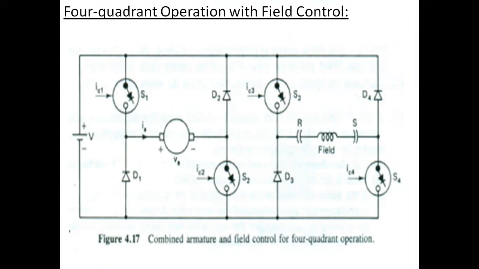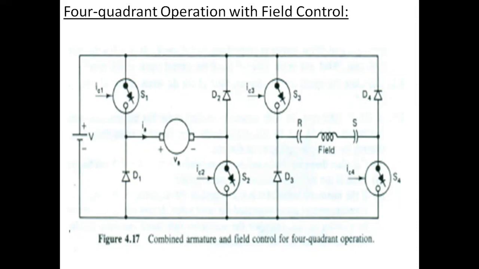We have a base speed, but if you operate the four-quadrant operation with field control, we can go for higher speeds than the rated values. And the transient response should also be very fast.